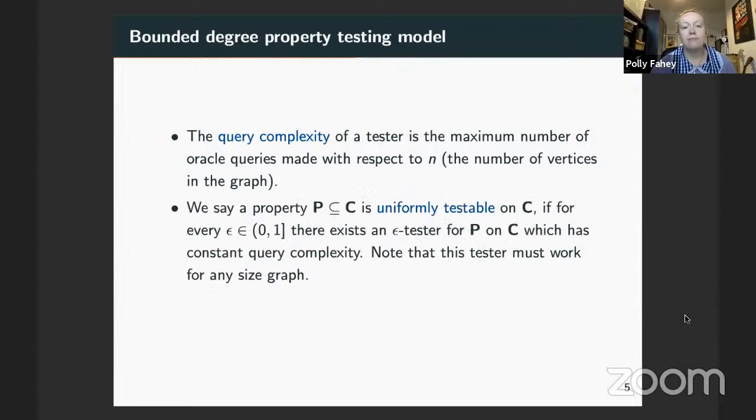So we say a property P is uniformly testable on the input class C if for every epsilon between 0 and 1, there exists an epsilon tester for P on C, which has constant query complexity. And this tester must work for any size graph. And then, as usual, the time complexity of the testers is with respect to n, the number of vertices in the graph.